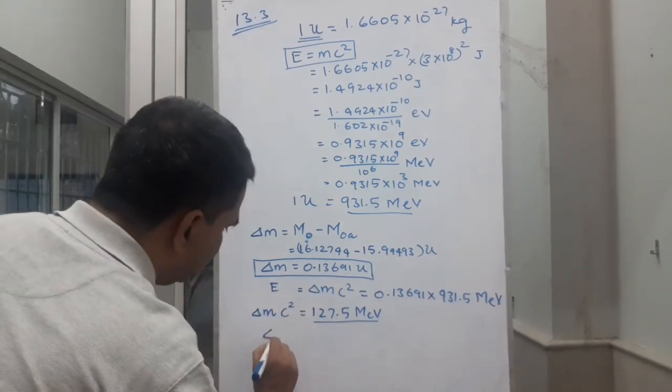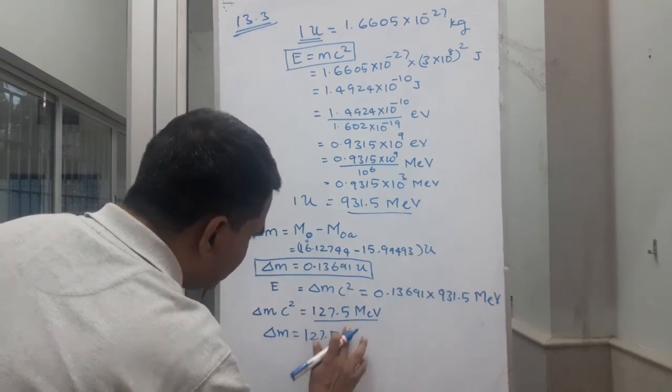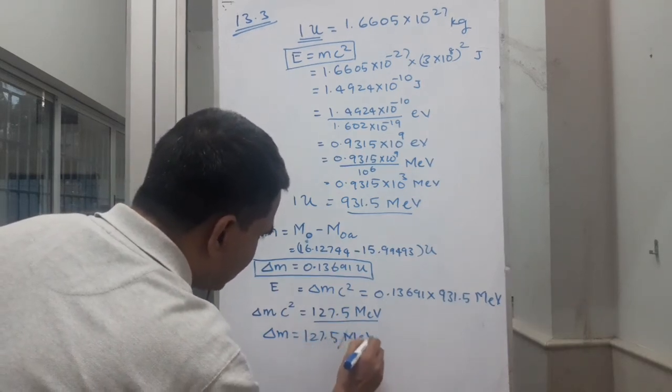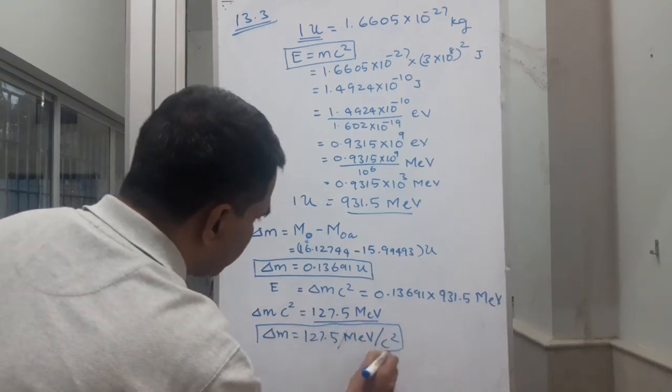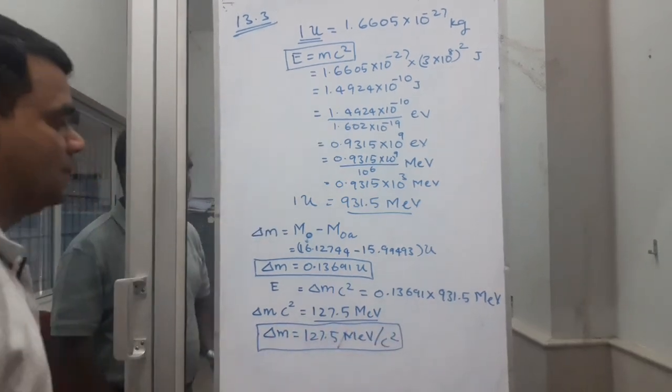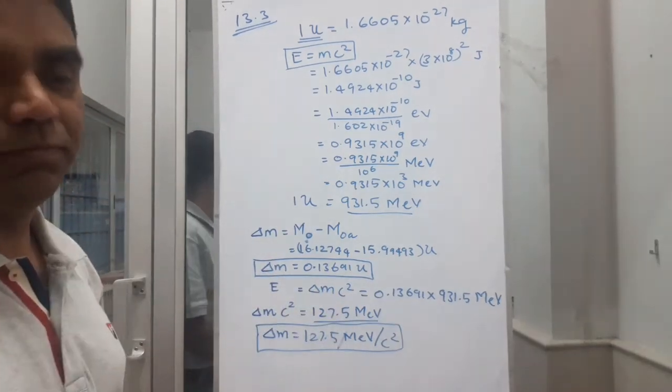So delta M is 127.5 mega electron volts per c squared. Okay, so this is how you do this problem.